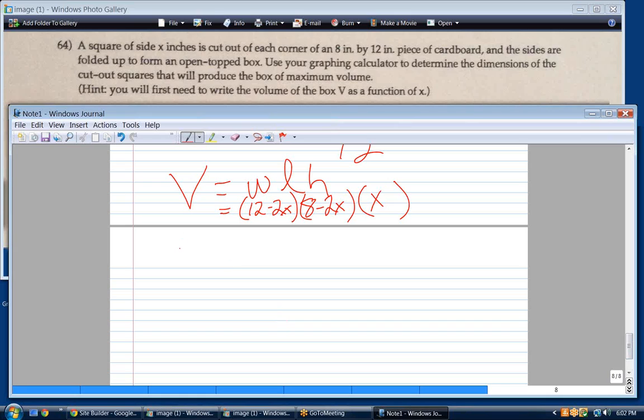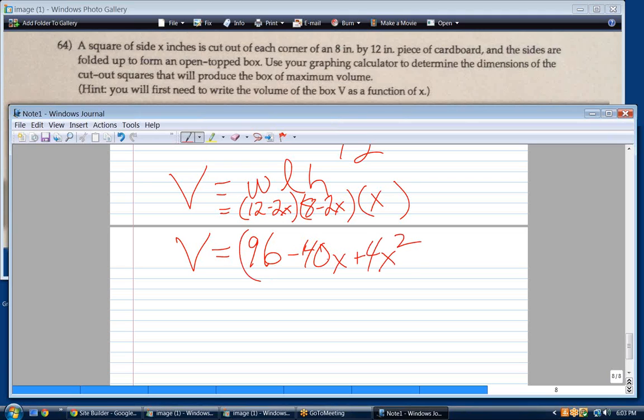So now we have the volume equals, well, let's multiply these 3 things together. Let me see if I can do it quickly in my head here. It's 96 minus 16 and 24 minus 40x plus 4x squared.